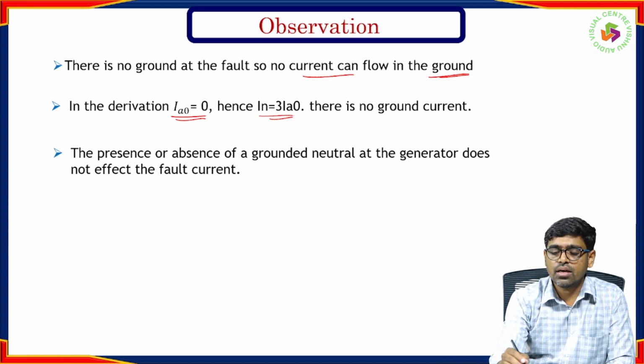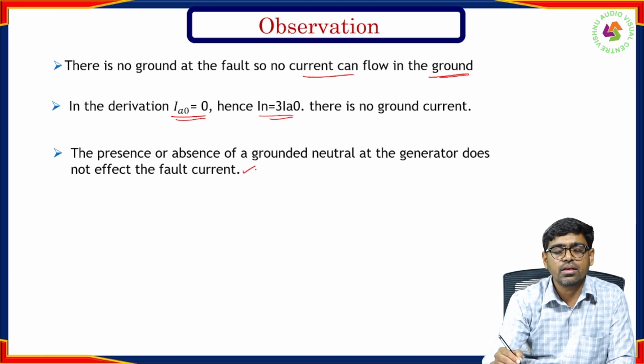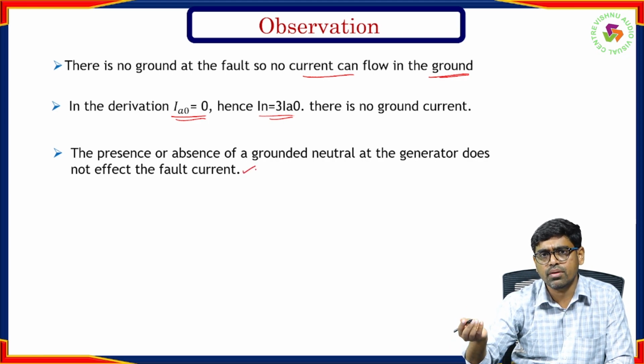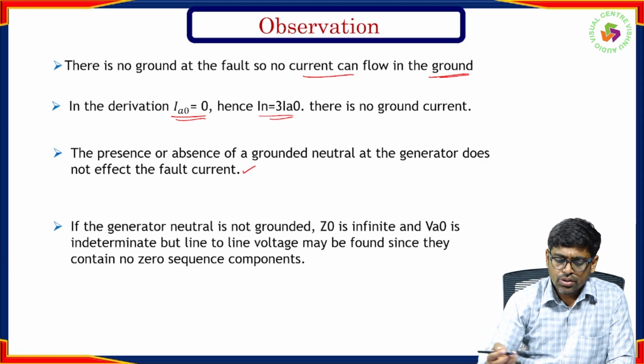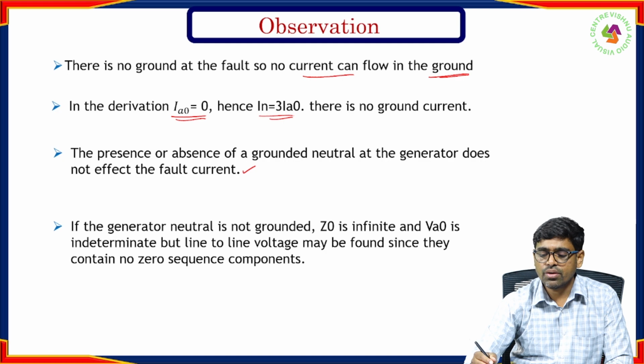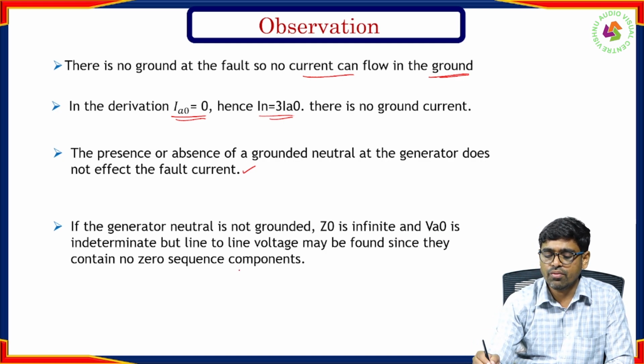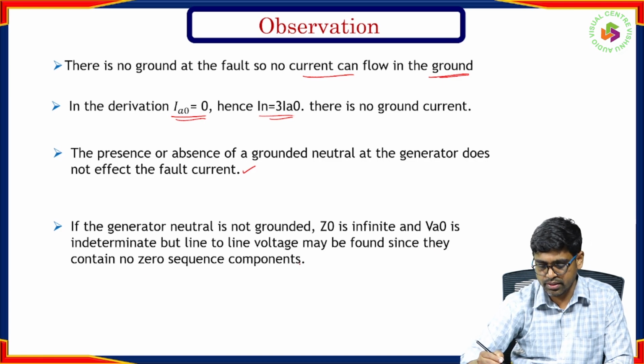The presence or absence of the ground neutral at the generator does not affect the fault current. A neutral may exist or may not exist; it does not affect the fault current. If the generator neutral is not grounded, Z0 is infinite and VA0 is indeterminate, but the line to line voltage may be found since they contain no zero sequence component.